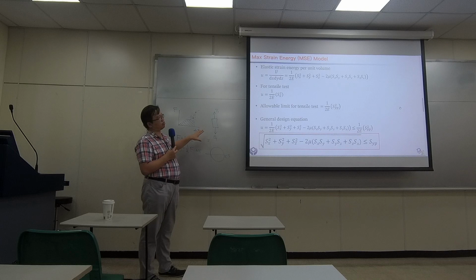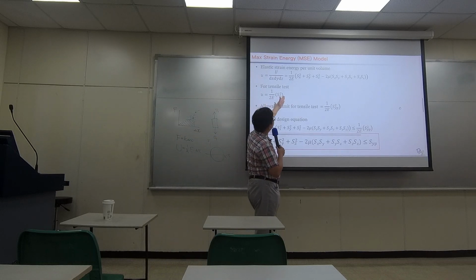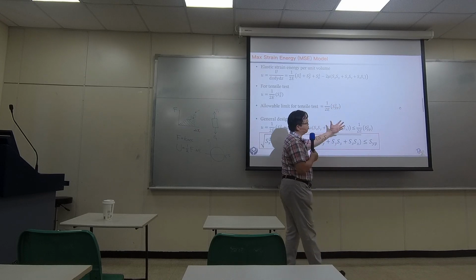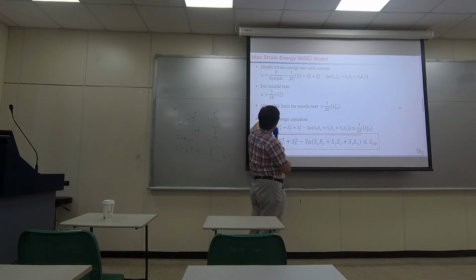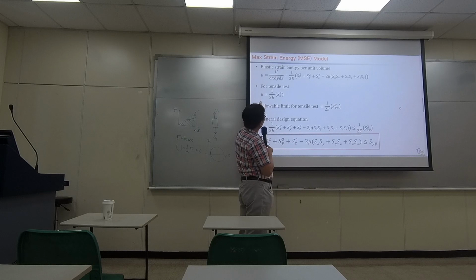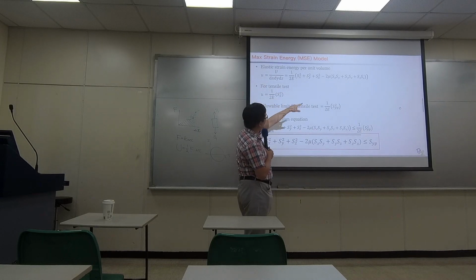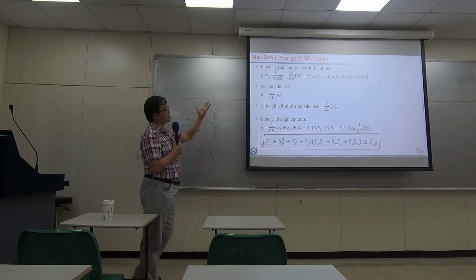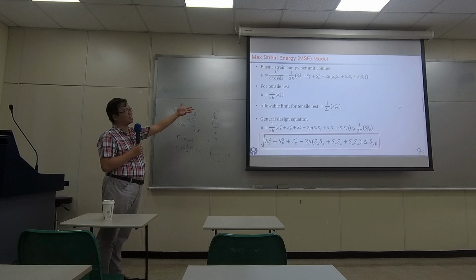There's no other principal stresses. So basically, all the sy and sz become 0. That's why we can quickly get what would be the elastic strain energy per unit volume for the case of the tensile test. That's the equation. That's how we get it.